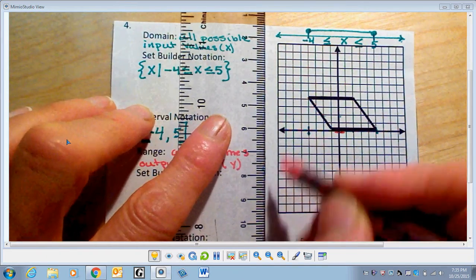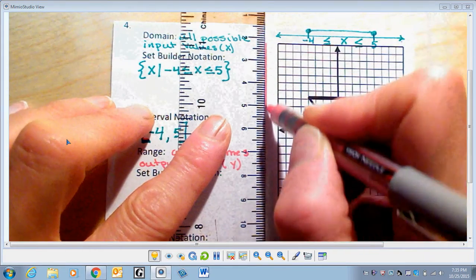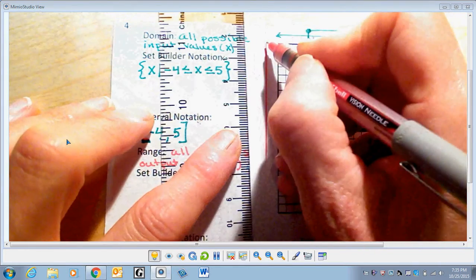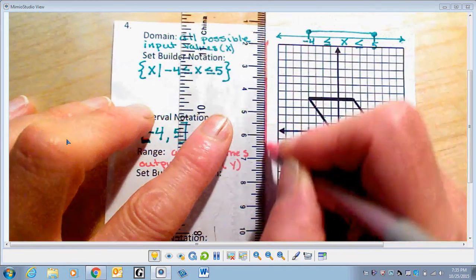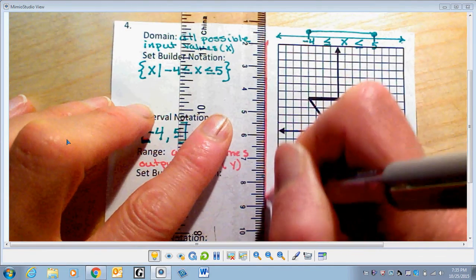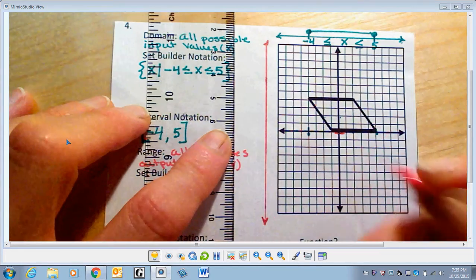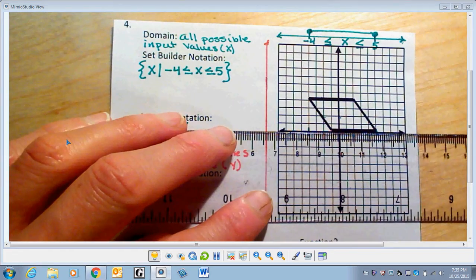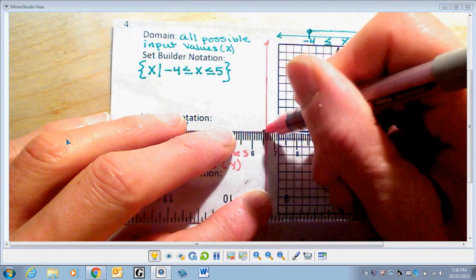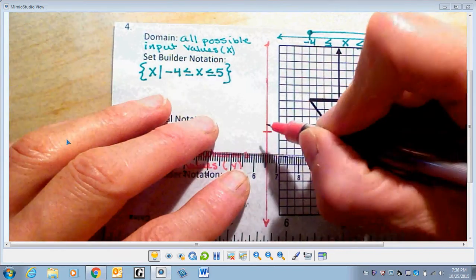Again, I'm going to do just the y-axis to help examine my range. As I'm going this way, I notice that my y begins right here. That's where y is 0.